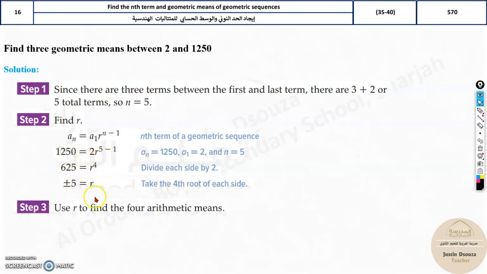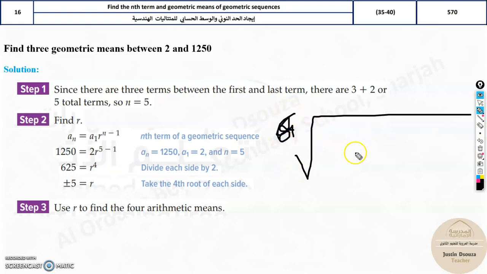Not a problem, there is a plus or minus r. Why? Because this power was even. Whenever you take an even root of any number, like 2, 4, 6, you must remember that when you solve this, it'll be a plus or minus answer.